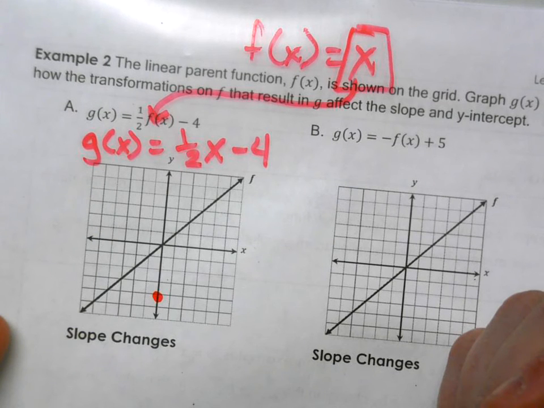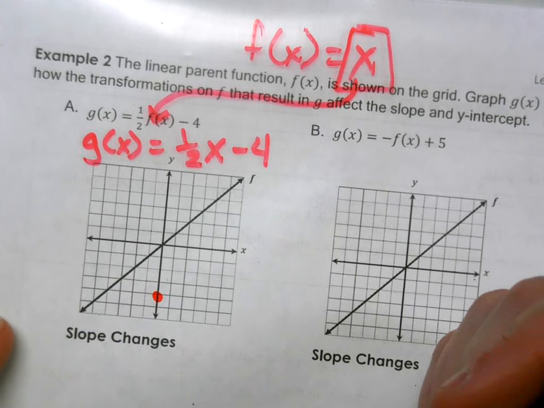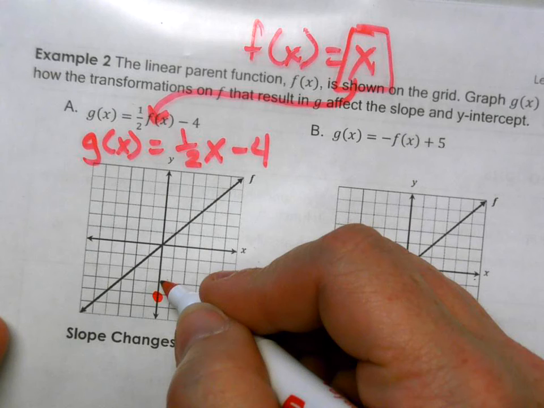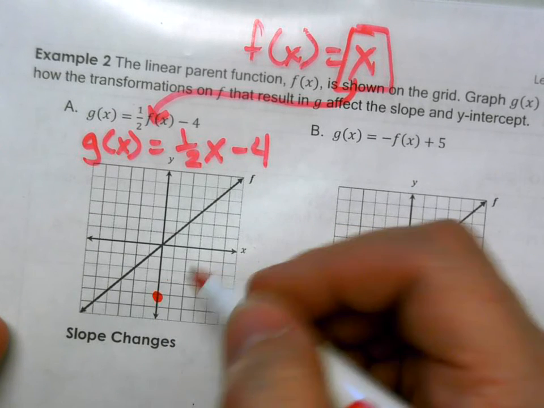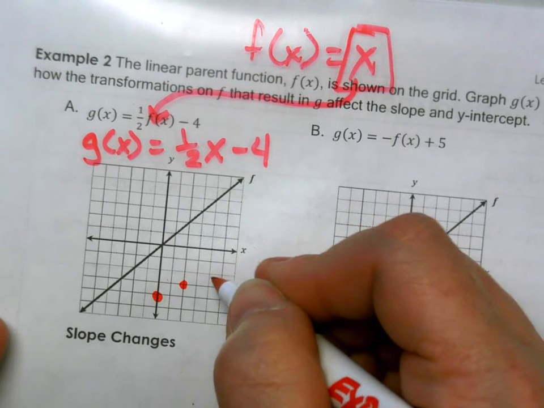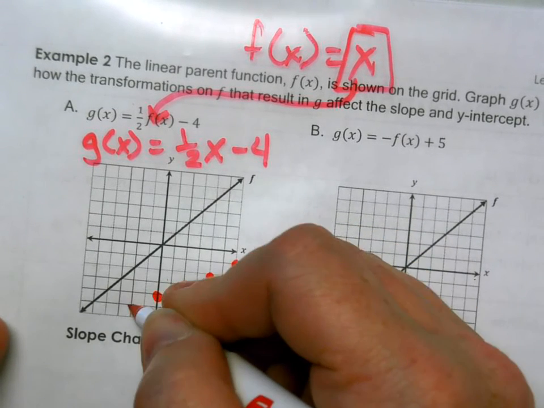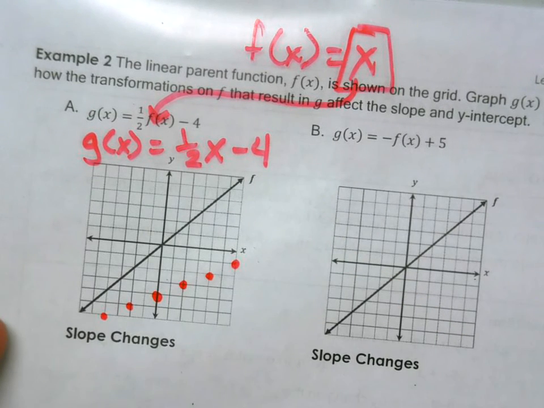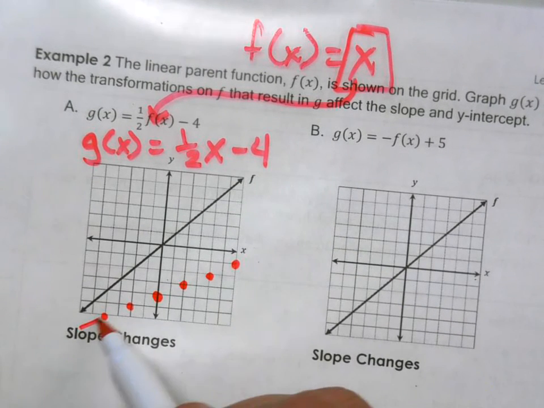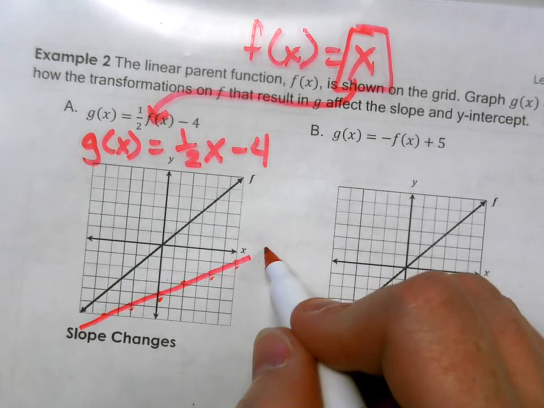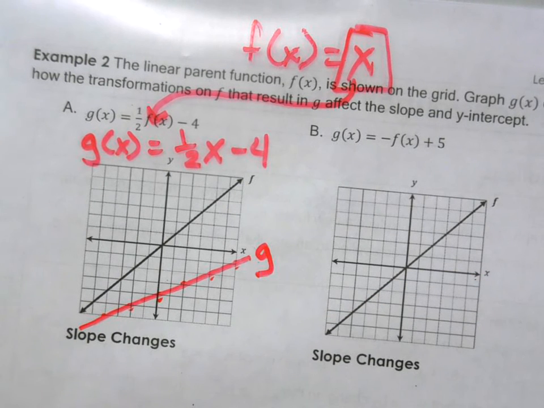Then what do I do next? So up 1/2, use my slope, up 1/2. Graph all my points, draw my line. This is my new G.